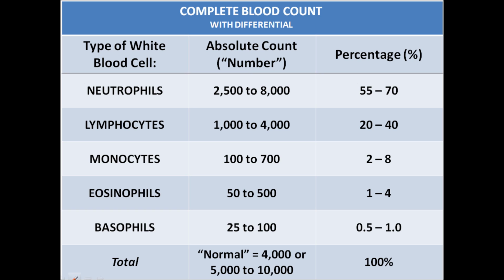So the absolute number is the actual count. If we looked in a microscope, for instance, at this millimeter cubed of blood, and we counted how many neutrophils there were, how many lymphocytes, how many monocytes, how many eos, and how many basos there were, that would be the number.